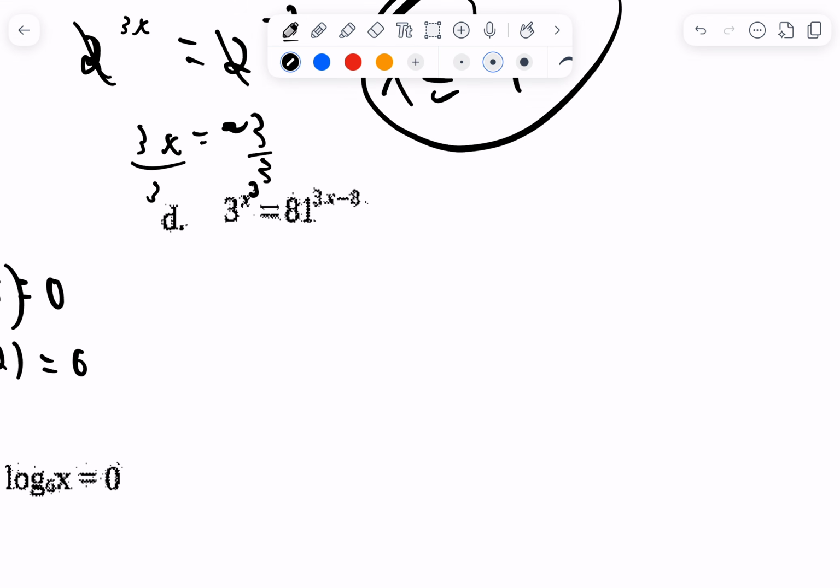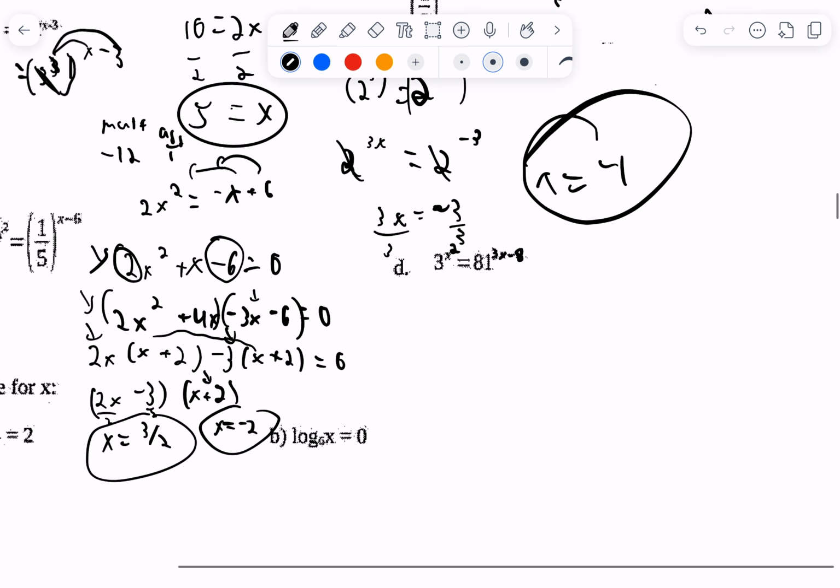3x squared, 3x minus, is that an 8? Yeah. Minus 8. Okay, 3x equals, so now we want to find, again, a common base. We don't have to meet in the middle here because if you do some math with your calculator, you can tell that the fourth root of 81 equals 3.